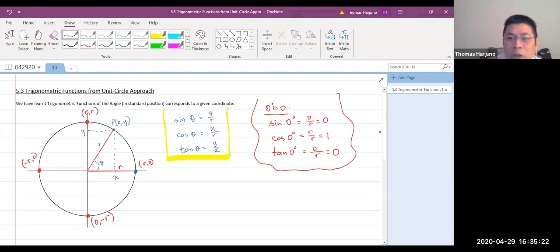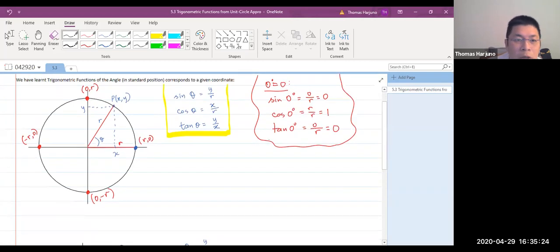Now, what is the unit circle approach? In the unit circle approach, we let r be equal to 1. So this circle that we have here becomes the unit circle.